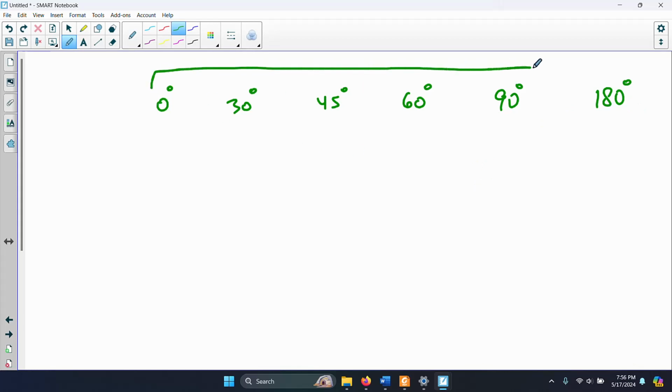The table starts with 0 degrees, 30 degrees, 45 degrees, 60, 90, and I typically put 180, even though it's a big jump here. Our reference angles will be from here to here.